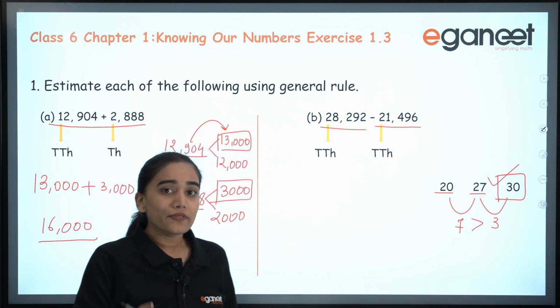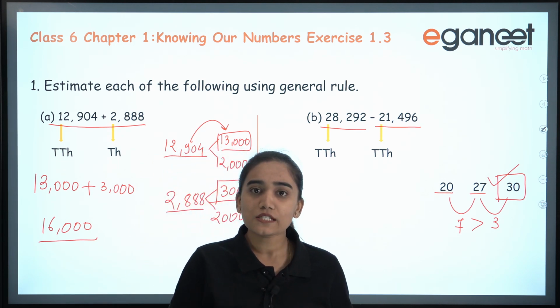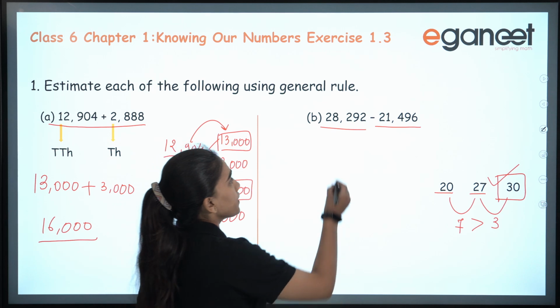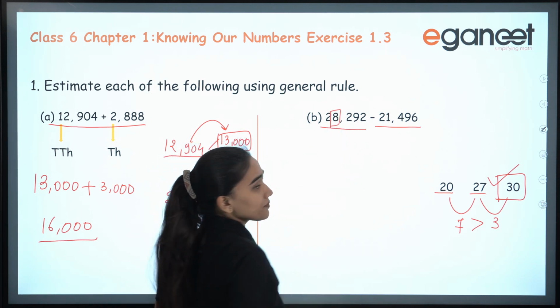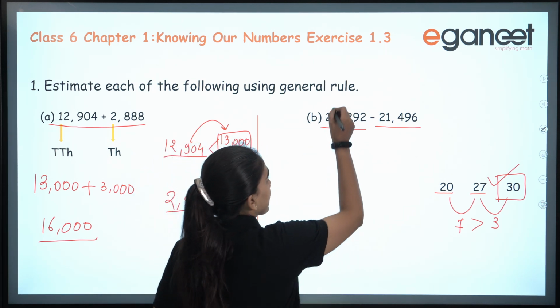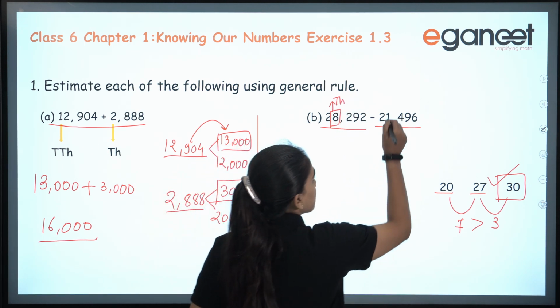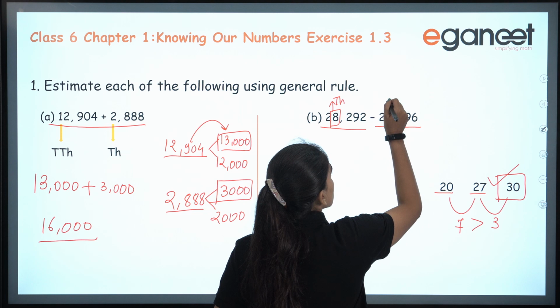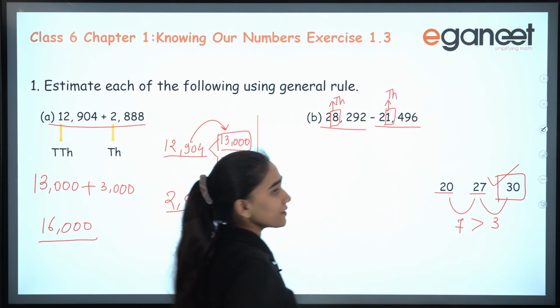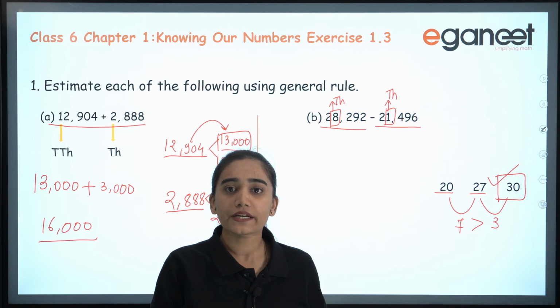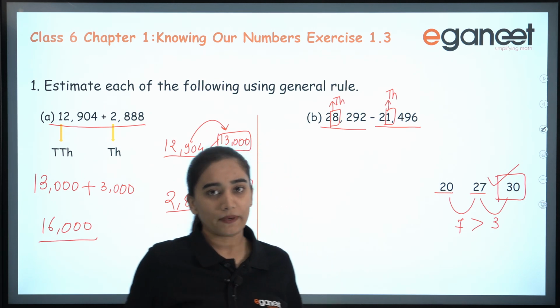As the digits at the 10,000's place are the same, let us now move towards the next digit. So here it is 8 which is at thousands place, and in the second number at thousands place we are having 1. So, let us round off these two numbers to their nearest thousands places.